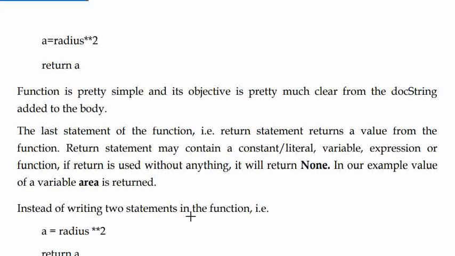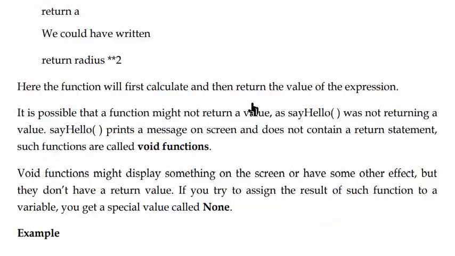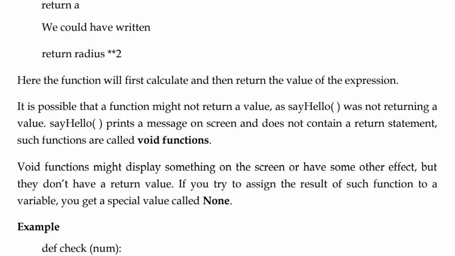Instead of writing two statements in the function, that is a equal to radius to the power 2, return a, we could have written return radius ** 2. Here the function will first calculate and then return the value of the expression.